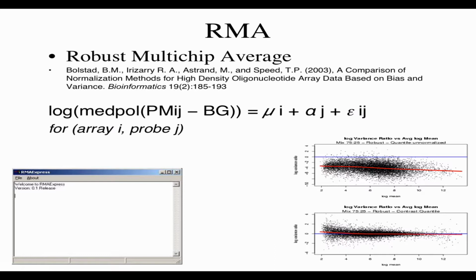So the background is per chip when you're scanning. Right, but then you're subtracting it from the value of each individual gene. So it's a background here, but this is generating a number for each gene. So per array, per probe. And then it combines all the probes into one number to give you a per gene expression value. So you're normalizing the probes across all arrays and then combining all the probes in one step.